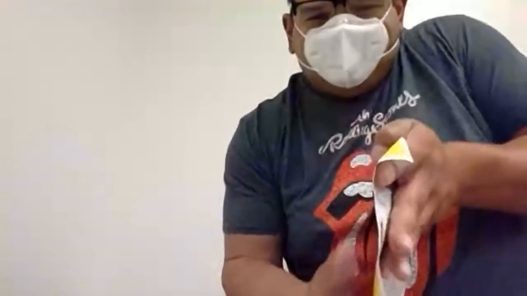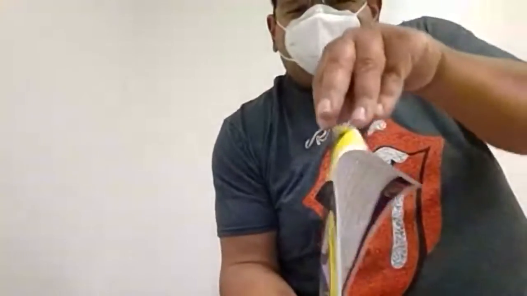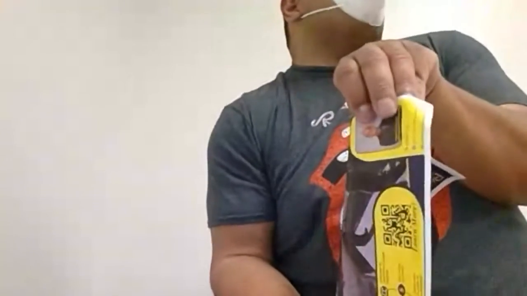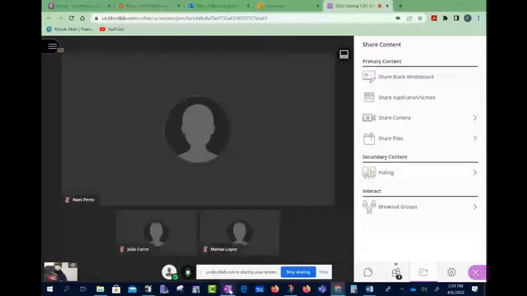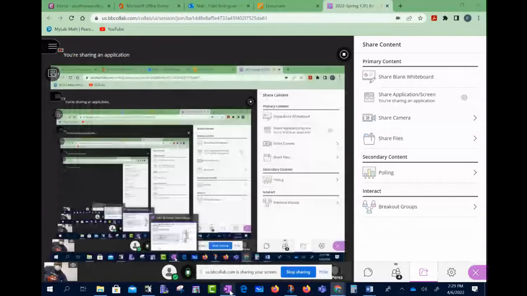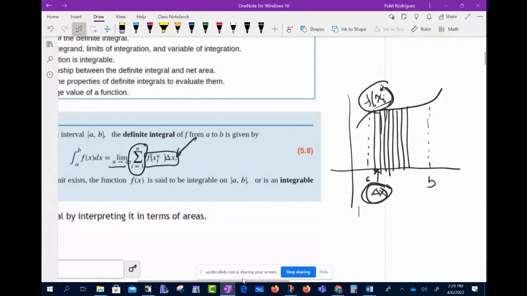I'm trying to find the area of a rectangle that is as wide as that piece of paper. So that's a pretty narrow rectangle, right? That's in essence what we're doing over here. It's exactly what we're doing.